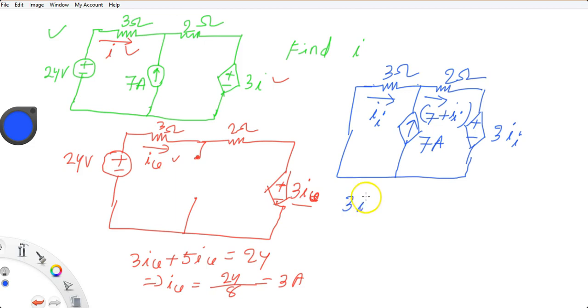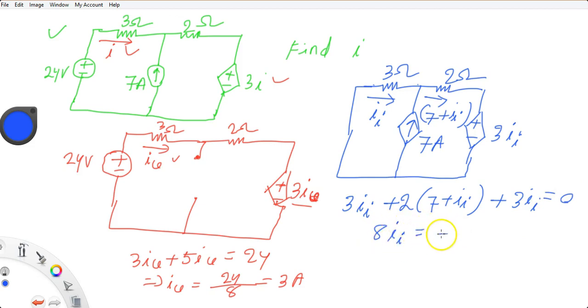So 3I'' plus 2 into 7 plus I'', then plus 3I'' equal to 0, 8I'' equal to minus 14, which gives you I'' is equal to minus 14 upon 8, which is minus 7 upon 4.